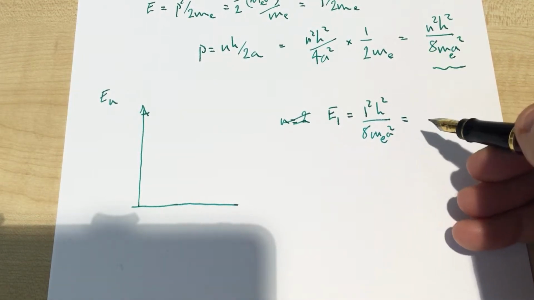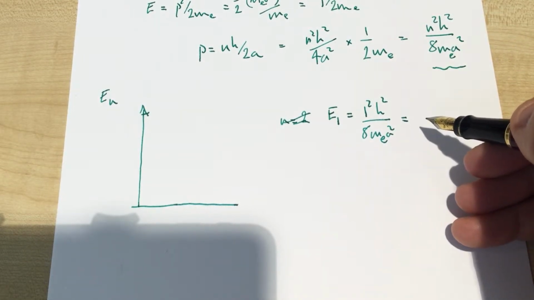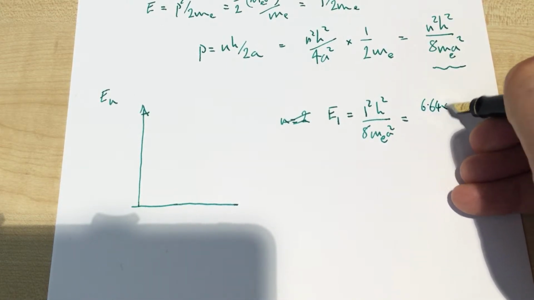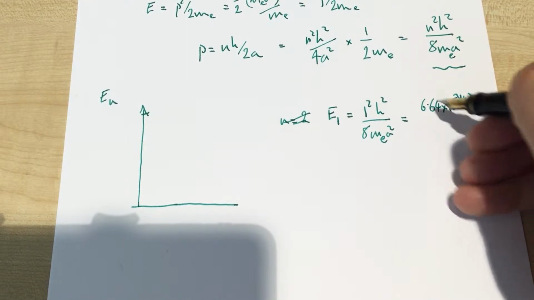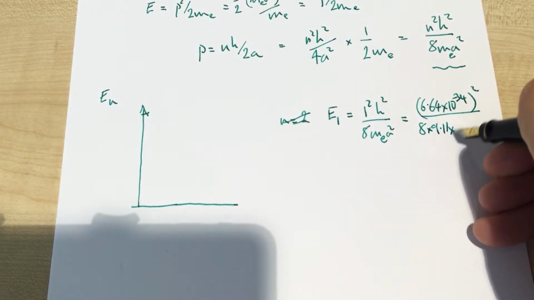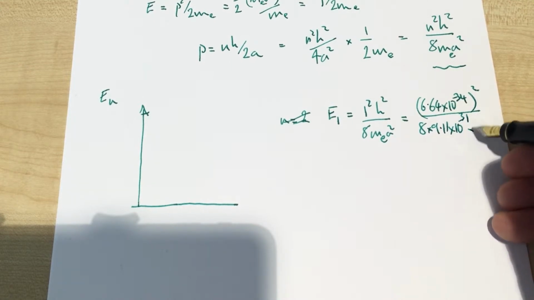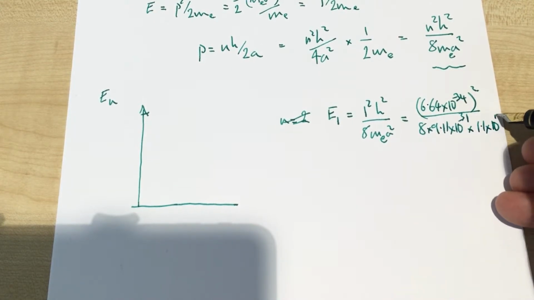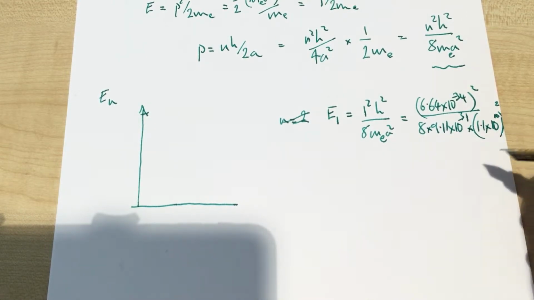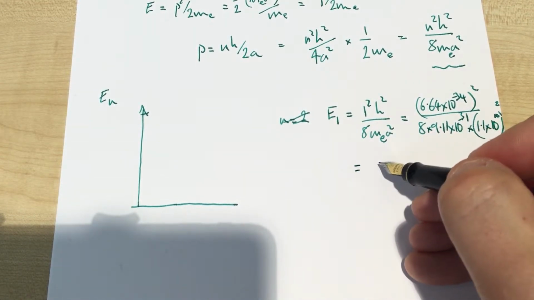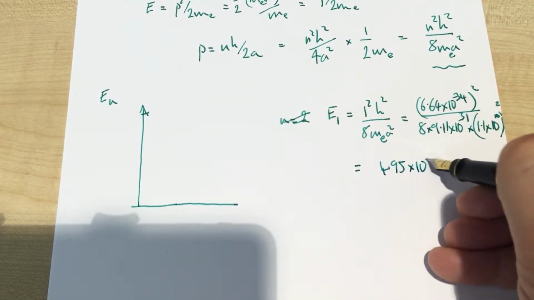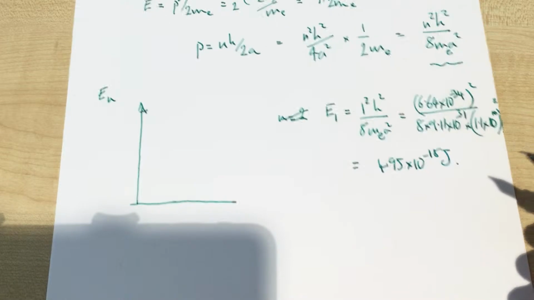When I plug those numbers in, it's going to be a bit cramped, but here we go: 6.64 times 10 to the minus 34 squared over 8 by 9.11 times 10 to the minus 31 by 1.1 times 10 to the 10 squared. You can just see that, I hope. And that gives me an energy of 4.95 times 10 to the minus 18 joules.